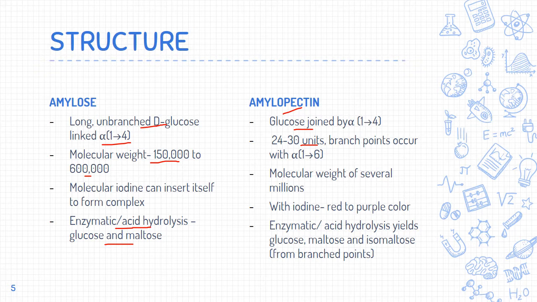Thus, amylopectin is a branched structure which consists of a few thousand to a million glucose units, and it has a molecular weight of several millions. If you react amylopectin with iodine, it gives a red to purple color, and on partial enzymatic or acid hydrolysis, amylopectin yields glucose, maltose and isomaltose.